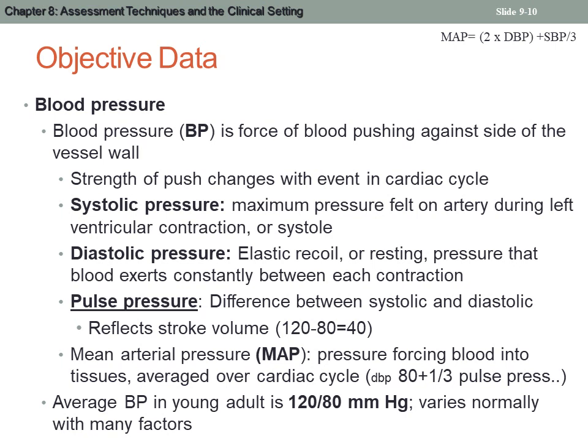However, pulse pressure is the difference between systolic and diastolic blood pressure. So pulse pressure, the difference between systolic, so the highest blood pressure, and then diastolic, the lowest blood pressure. So an example would be a patient that has a blood pressure of 120/80. So systolic pressure is 120, diastolic is 80. So you subtract 80 from 120, and then the patient's pulse pressure would then be 40. Okay, so that's how we get a patient's pulse pressure.